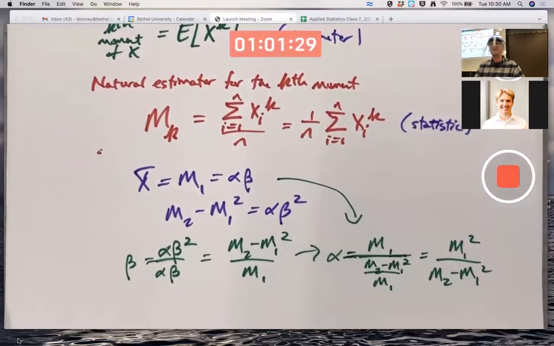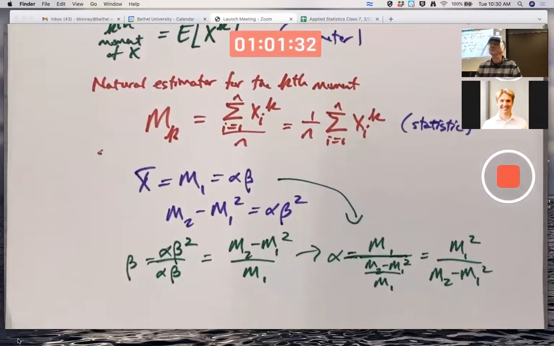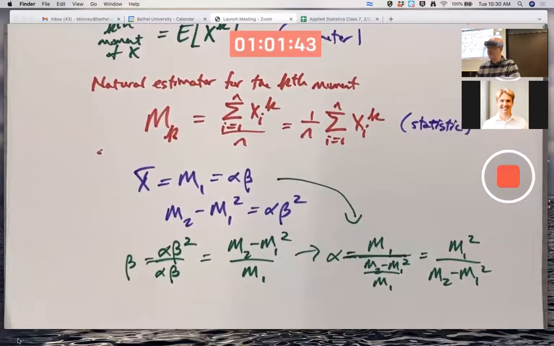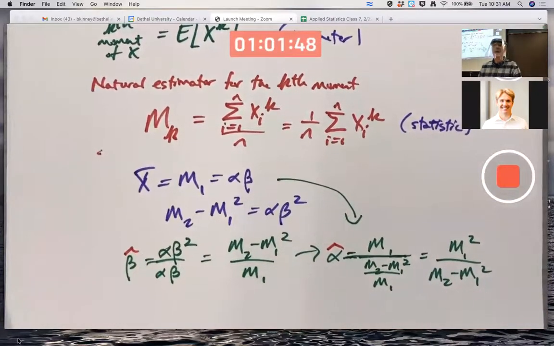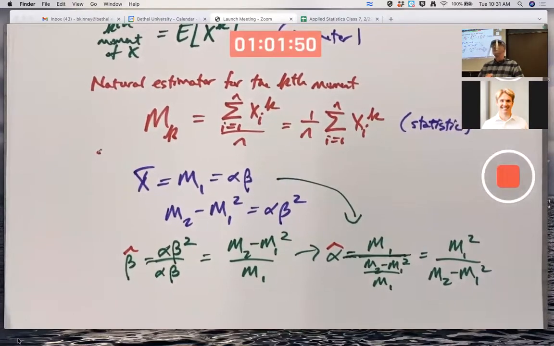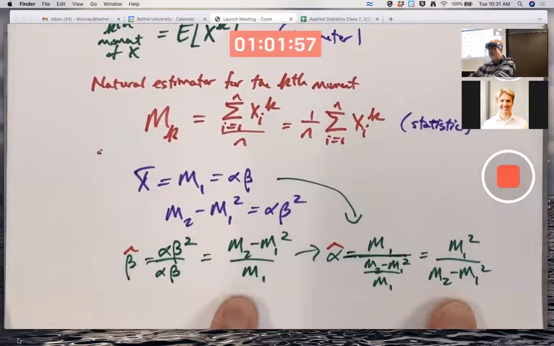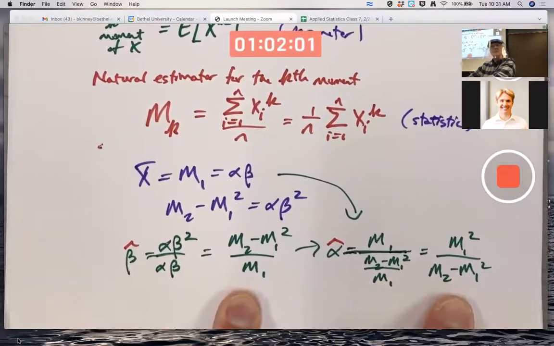However, you don't quite stop there. We're almost done, but we don't quite stop. Yes, we solve for alpha and beta, but we now do not call these alpha and beta. We call them alpha hat and beta hat. Why? Because alpha and beta are population parameters, they're numbers. These functions of M1 and M2 are not numbers.